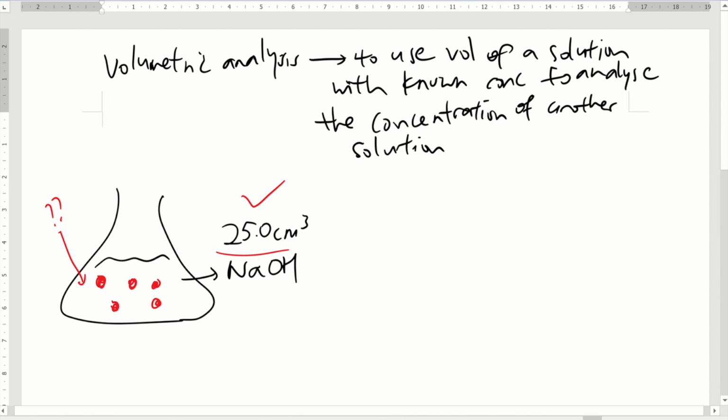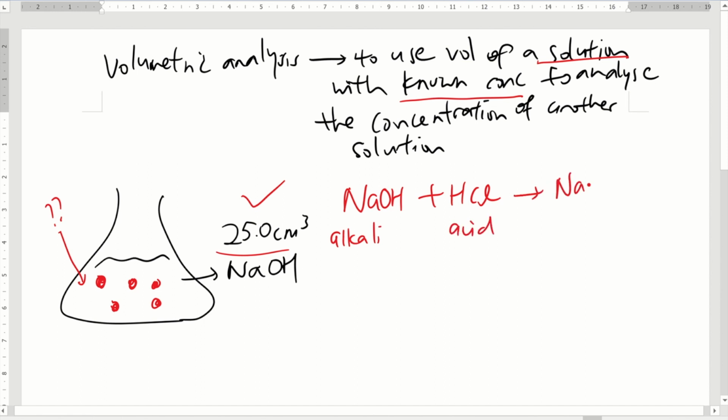Alright, so I need to use a solution that I know to analyze it. So for example, NaOH can react with HCl. This is your alkali, this is your acid, and they react to form NaCl plus H2O.